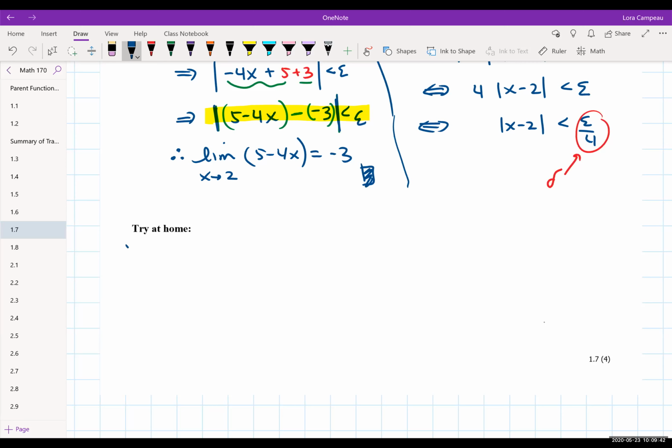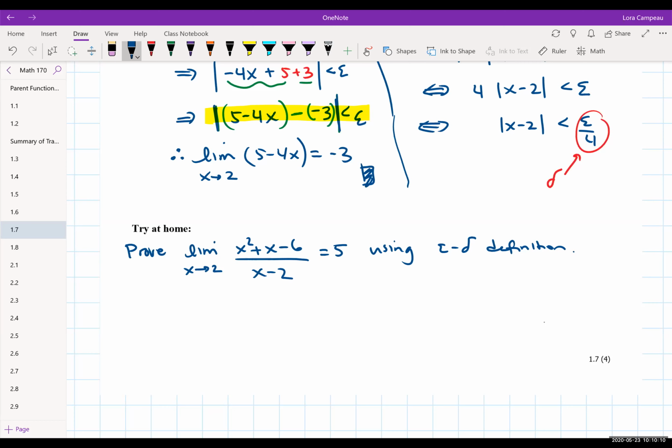So what if we proved the limit as x approaches 2 of (x squared plus x minus 6) over (x minus 2), prove that that's equal to 5 using, of course, the epsilon delta definition.